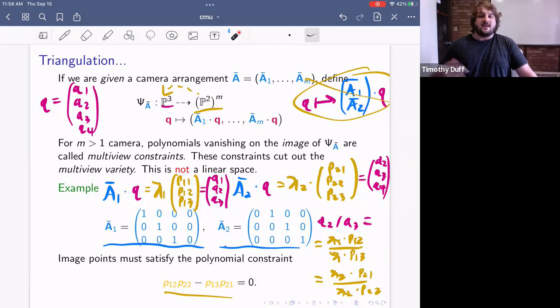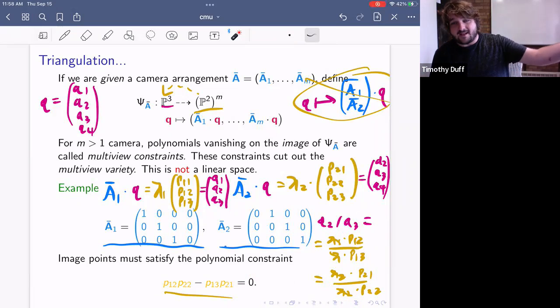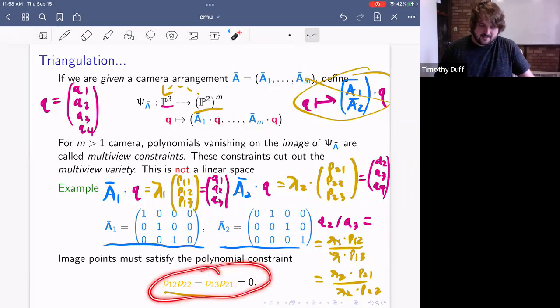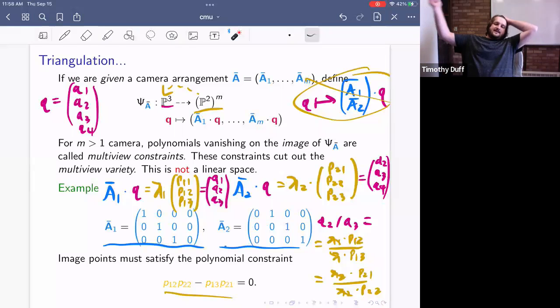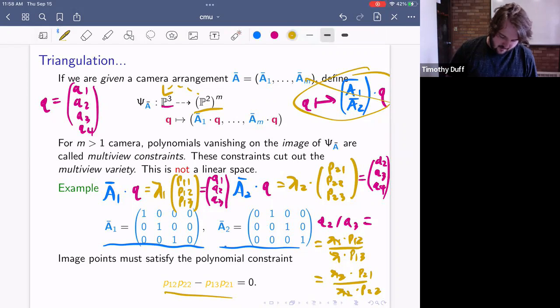So in fact, the image of this triangulation map for a given set of cameras is not a linear space, but it's defined by this single multilinear equation. And this is the simplest example of what's called a two-focal constraint in our paper, also known as a two-linearity in other parts of the vision literature.